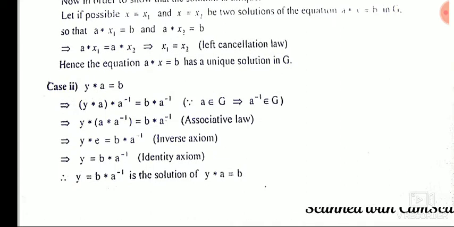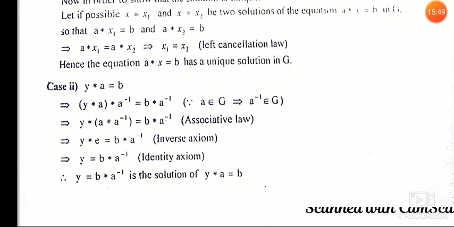Next one, case 2, that is y star A is equal to B. So for y star A, we use A inverse binary operation from the right hand side.